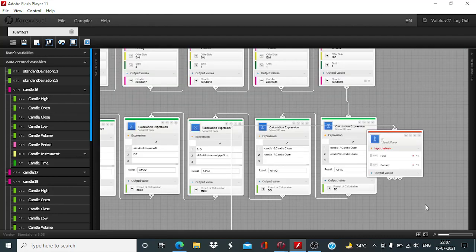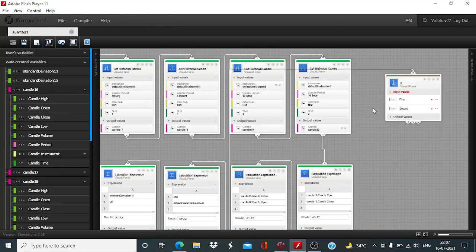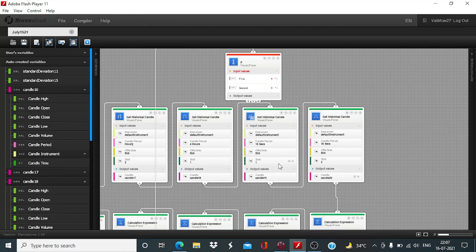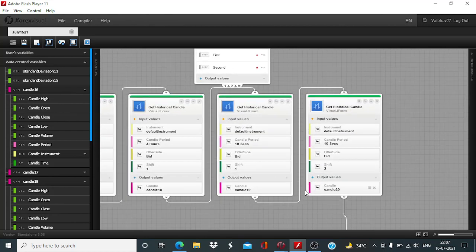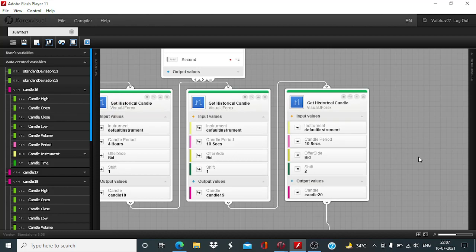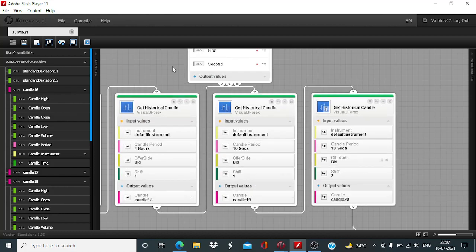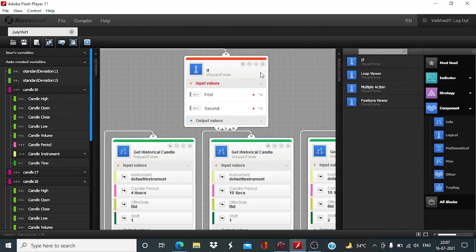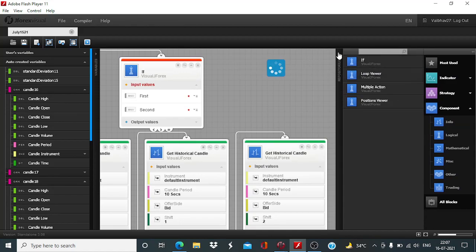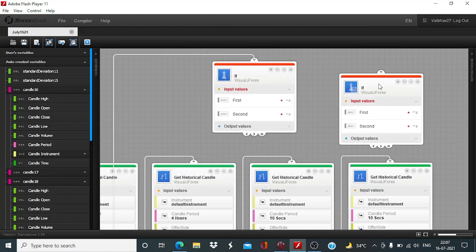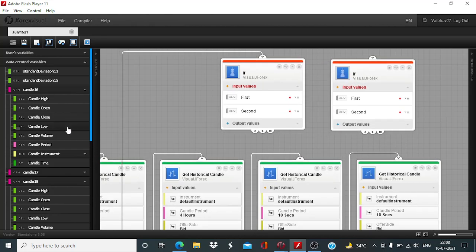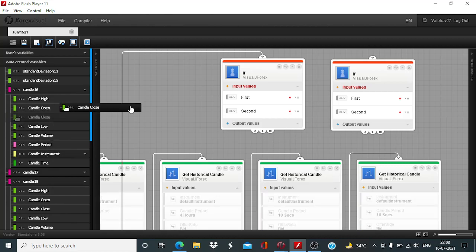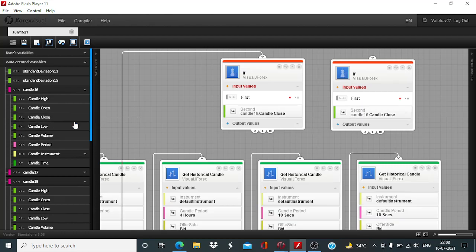For that, all we have to do is compare the last hourly candle close value with the closing levels of candle 19 and candle 20, which are 10-second candles with a look back period of 1 and 2 respectively. So here we are going to need candle 16, candle close, as the input in both these blocks.